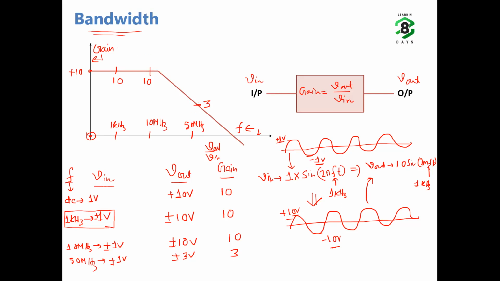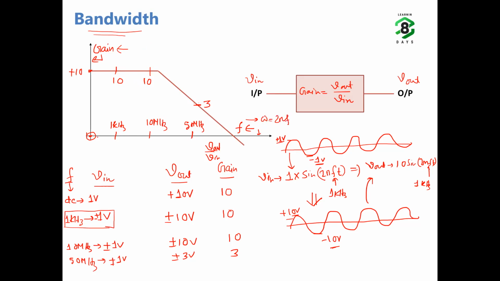And usually the gain is measured in decibel. There is a concept of decibel, which is essentially the log of this value. But for simplicity, in this example, we'll just remember how the transfer function is plotted. The x-axis is the frequency axis. In reality, this frequency is defined as omega, which is nothing but 2 pi f in radians.